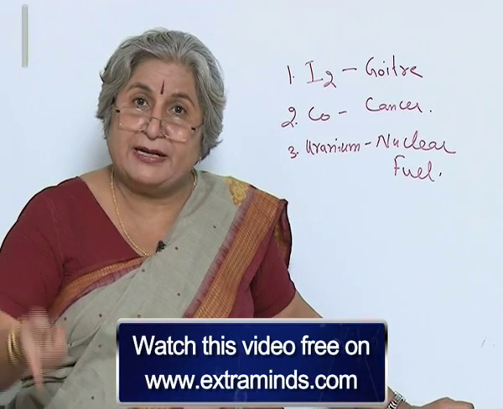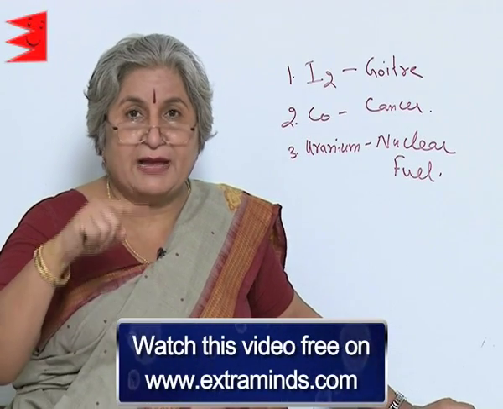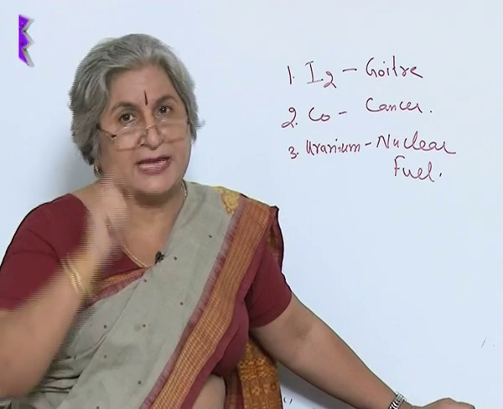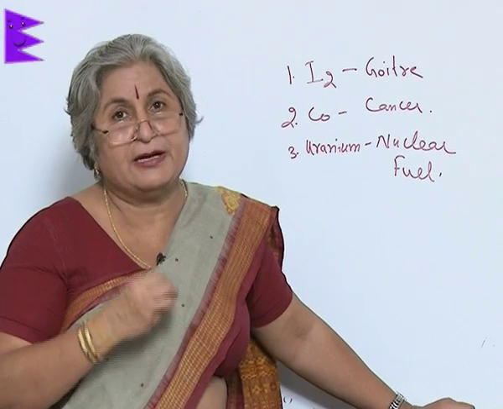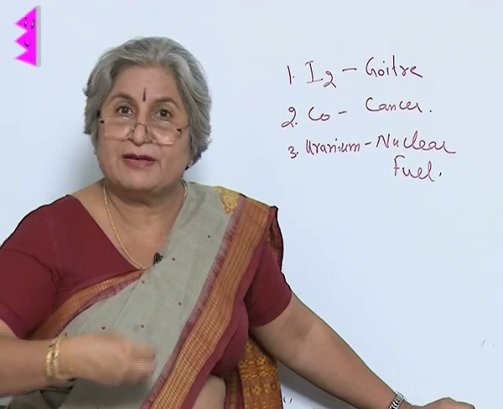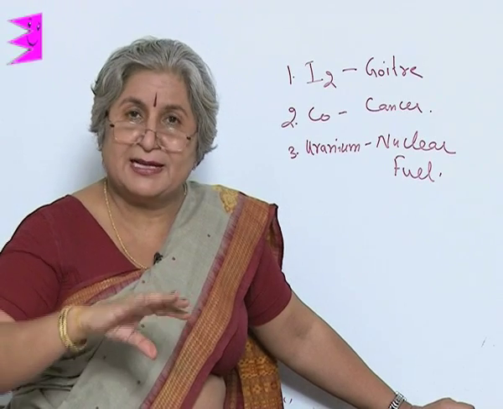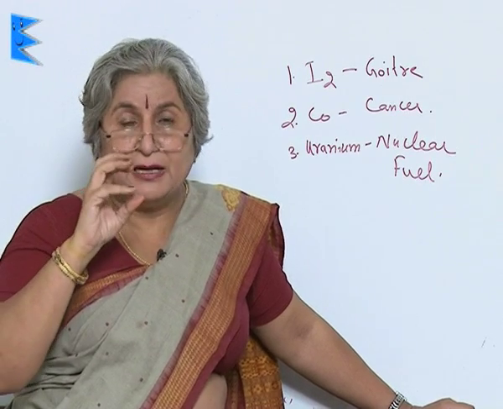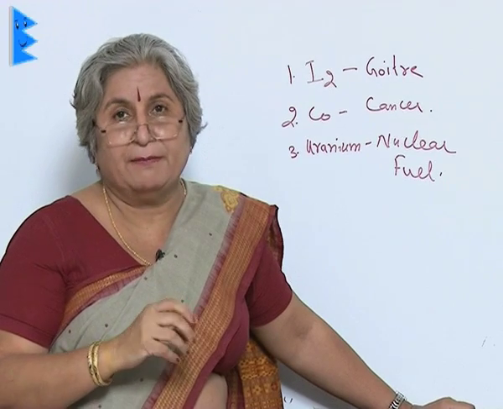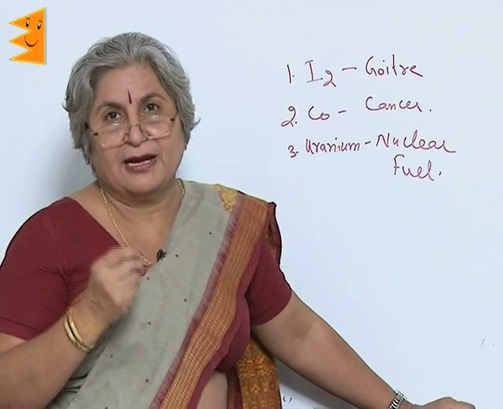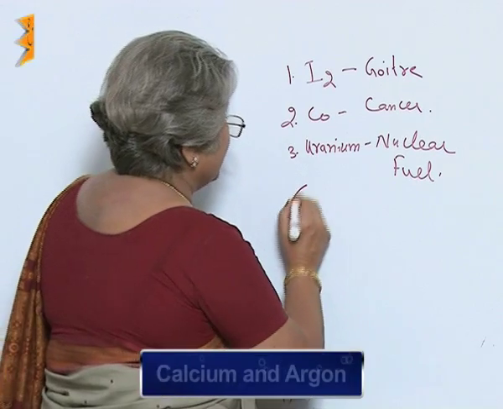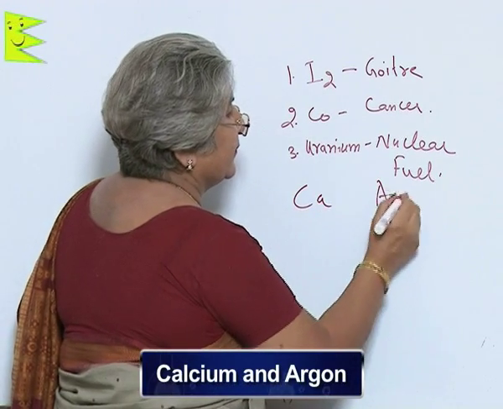Now, the story can be different also. Isotopes have the same atomic number, so the same chemical properties, but different atomic mass number. Sometimes it is reverse, that is, they have the same atomic mass number, but different atomic number. The typical example is calcium and argon.